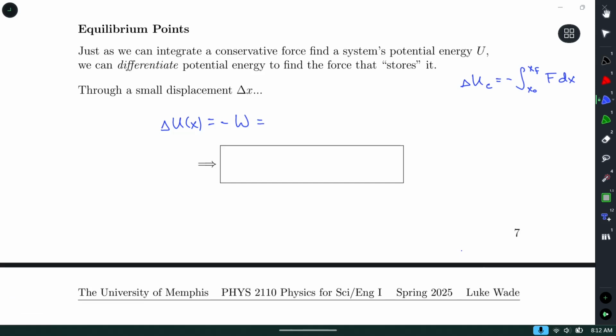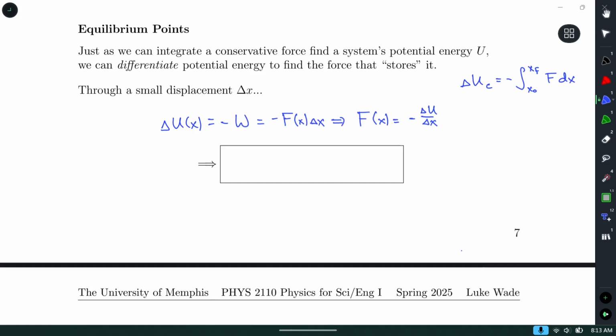Well, in that case, I can say the force is roughly constant for a very small step. And it's just force times distance. I could rearrange that to find the force: negative delta U over delta x.